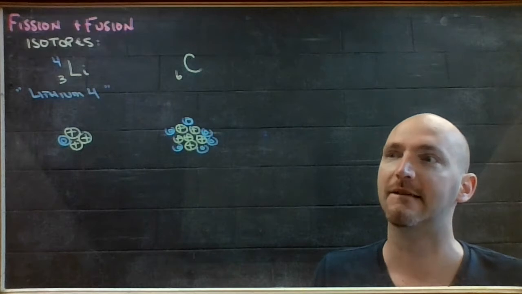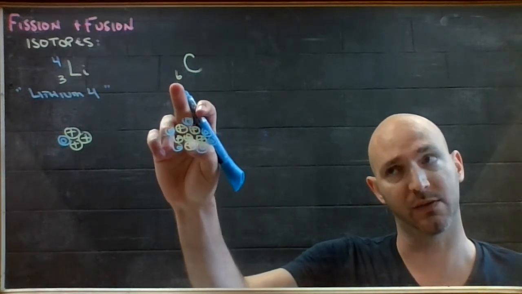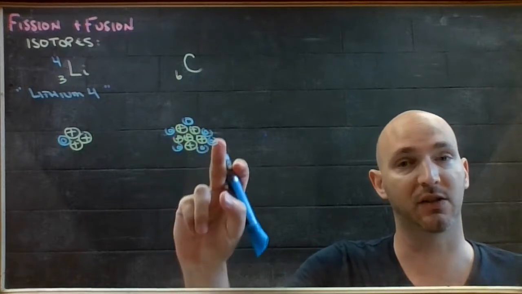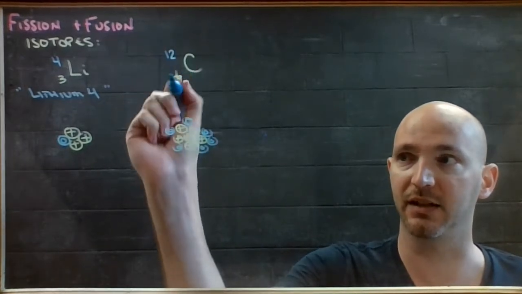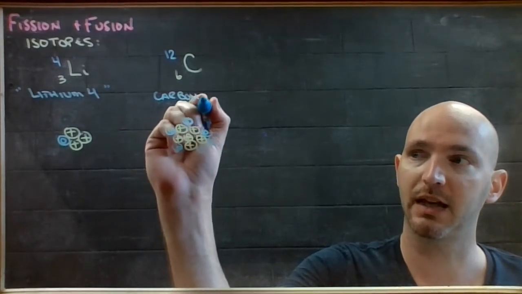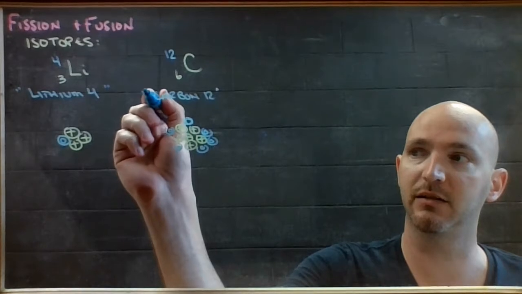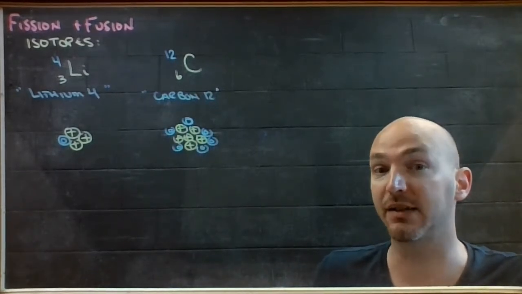Good times. So this thing here, if it has 6 protons, which we've noted, and it has 6 neutrons, that's 12 particles in total. So this thing here would be called carbon-12. And this is the most common stable isotope of carbon.